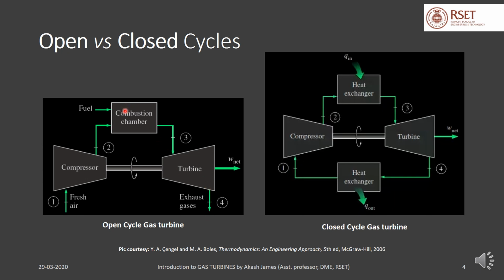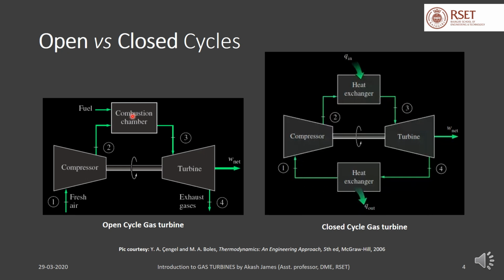Here the working fluid undergoes a chemical change, and so it cannot be cycled back to the compressor to complete the cycle. That is, the working fluid in an open cycle gas turbine does not complete a thermodynamic cycle, whereas the working fluid in a closed cycle gas turbine completes a thermodynamic cycle.